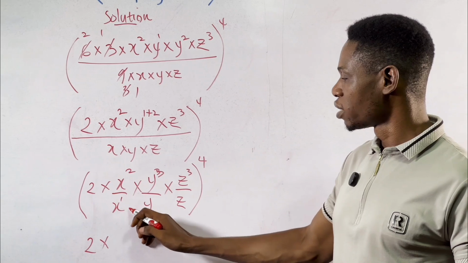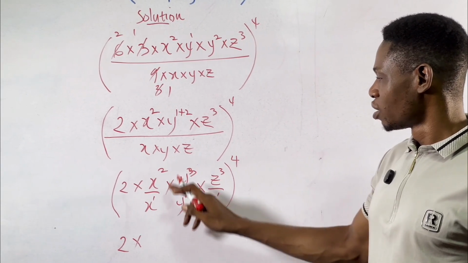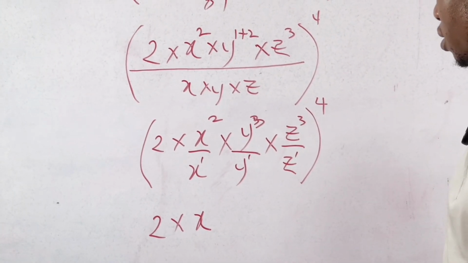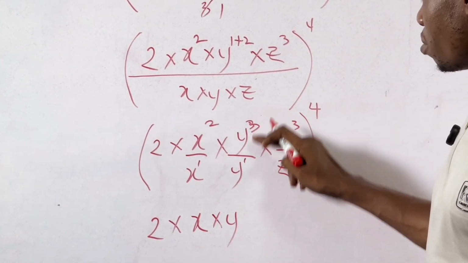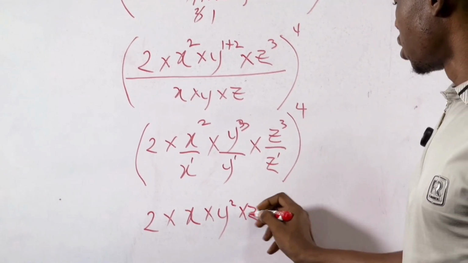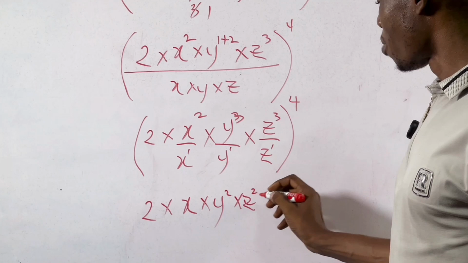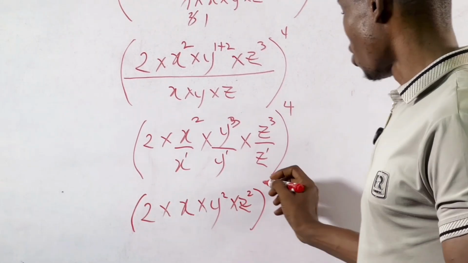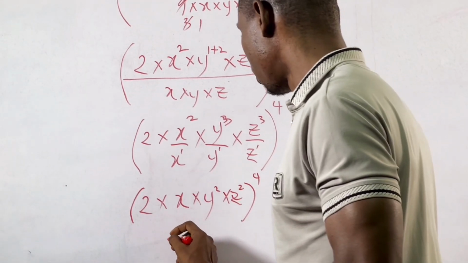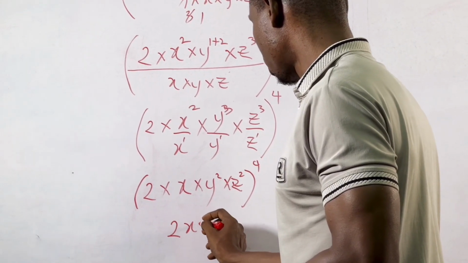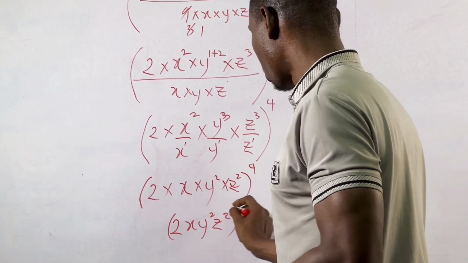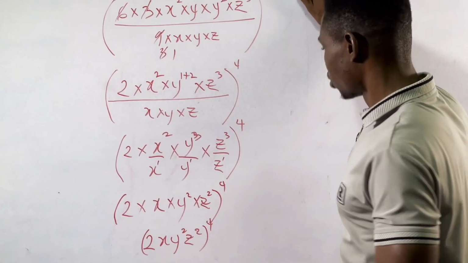So 2 minus 1, that's x raised to power 1, which is not necessary, times y, 3 minus 1, 2, z, 3 minus 1 also 2, don't mind my funny z, all raised to power 4. Okay, so we can combine them. So we have 2xy squared z squared all raised to power 4. Let me bring it up here and finish it up.